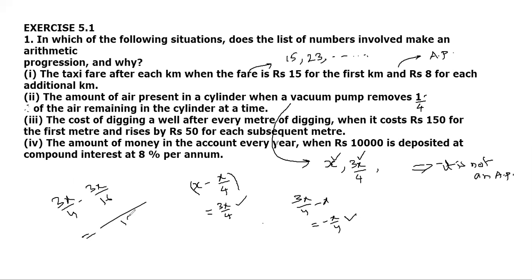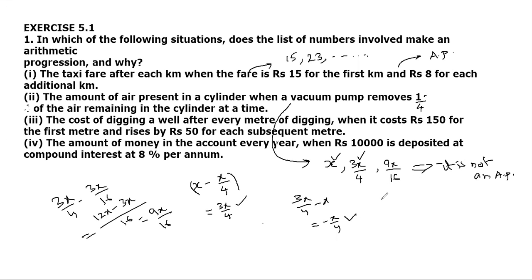LCM is 16, so 12x minus 3x is 9x/16. So 1/4 of 3x/4 is 3x/16, and that is removed from this one again. So the next term will be 9x/16.